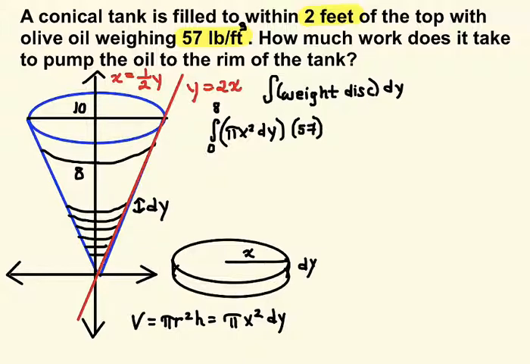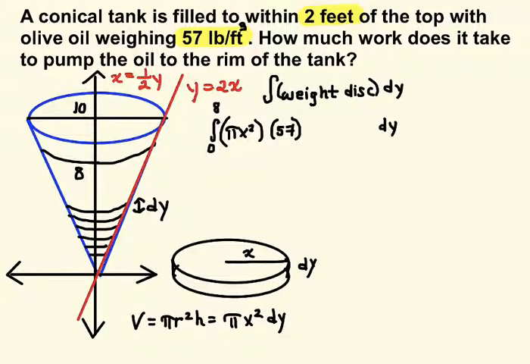So it's 57 pounds per foot cubed times the number of feet cubed, so that's the weight of the disk. And then we want to multiply that by dy. Where am I having an issue here? We have our dy already in there, don't we? We do. So the dy actually is part of the disk.